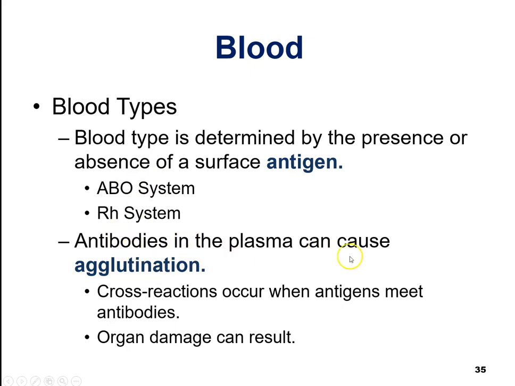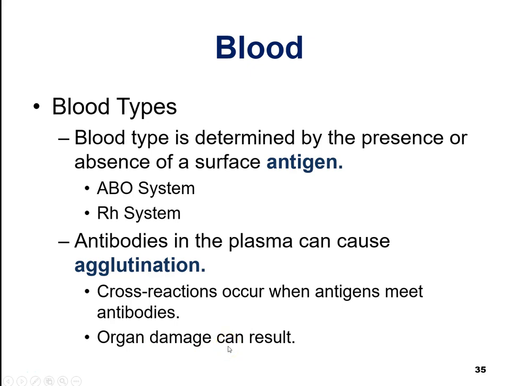And then what happens is whatever antigen you have, so if you have the A antigen on your red blood cells, then your body is going to have B antibodies, okay? And so B antibodies in your plasma can cause something called agglutination, and essentially that's a cross reaction when these antigens and antibodies meet, and you can end up with organ damage, right?